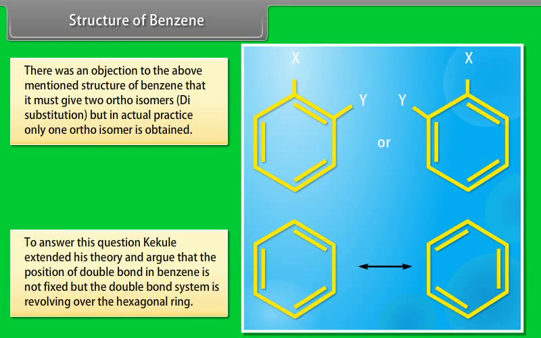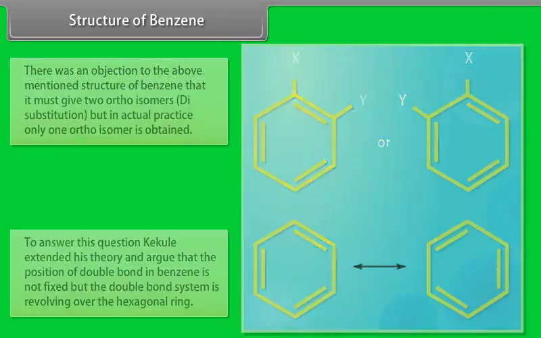To answer this question, Kekule extended his theory and argued that the position of the double bond in benzene is not fixed, but the double bond system is revolving over the hexagonal ring. He proposed the given structures and said that all C-C positions have a partial double bond character.